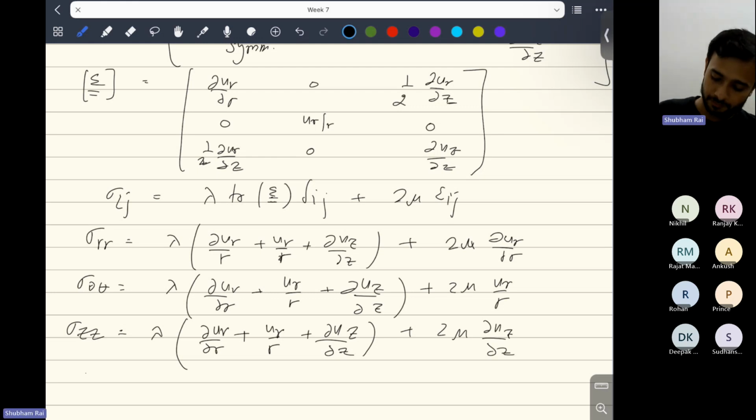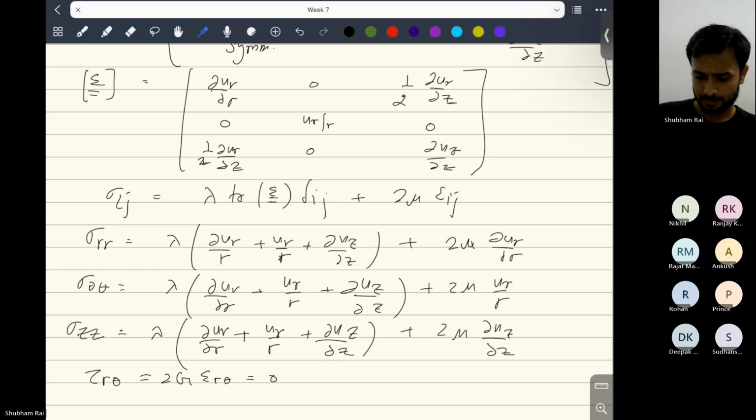Now you have tau_rθ equal to 2G times epsilon_rθ. So epsilon_rθ is 0, so this will also be 0. And then we have tau_rz. That will be 2 times G and epsilon_rz. So epsilon_rz is 1/2 ∂u_r/∂z. So 2 and 2 will get cancelled, and you will get G times ∂u_r/∂z. Right? And then finally you have tau_θz. This will also be 0 because epsilon_θz is 0.